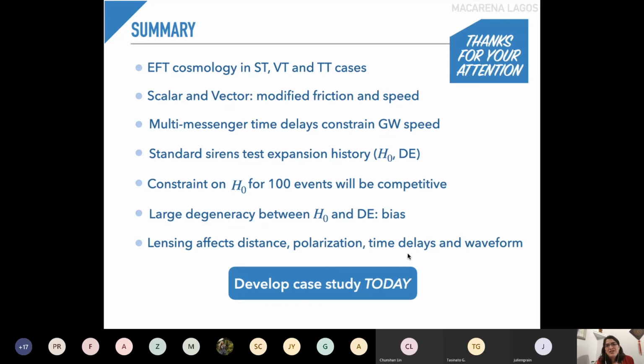And that could be degenerate also with other effects of modified gravity, that there is actually a genuine change in the propagation speed of gravity. So I think there are a lot of degeneracies. The main question to answer for now is, how do we even know that these events are lensed? I don't have an answer for that now.